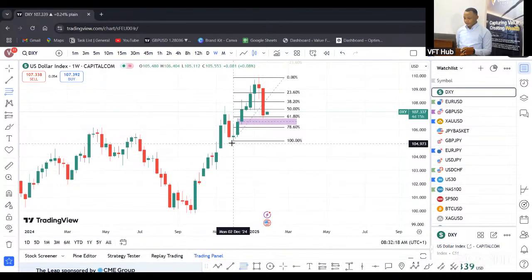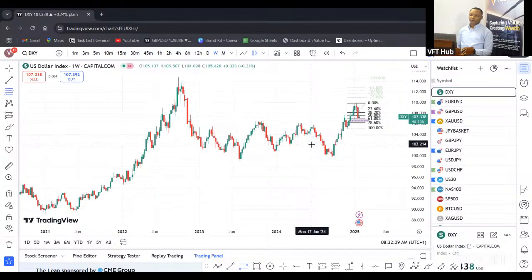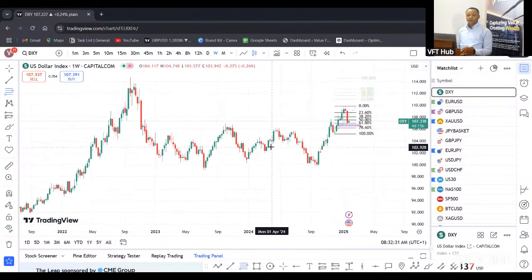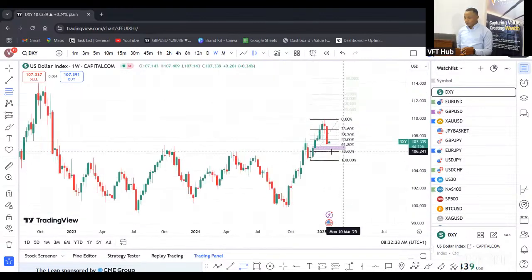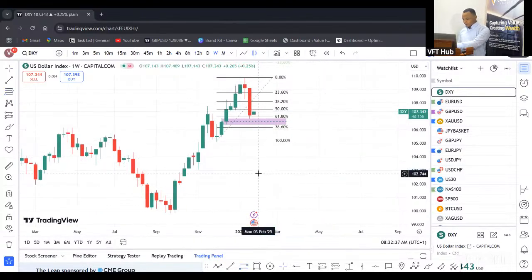Price traded into this level, and now we're expecting it to resume its uptrend, because we've already established a bullish trend on the dollar index. So this is what we have on the weekly time frame, and we expect it to continue going forward.